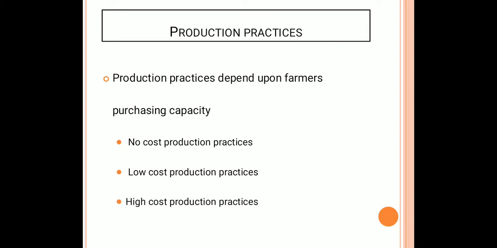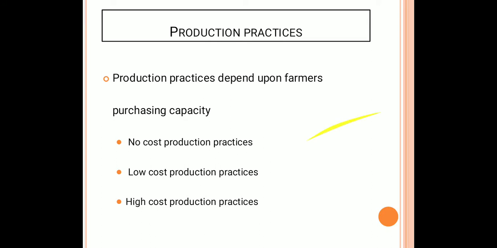Low cost production means a minimal amount is spent on agriculture and they get a good yield. Then the next one is high cost production practices. These practices differ from one farmer to another, depending upon the farmer's purchasing capacity. Based upon the purchasing capacity, it is classified into three types.